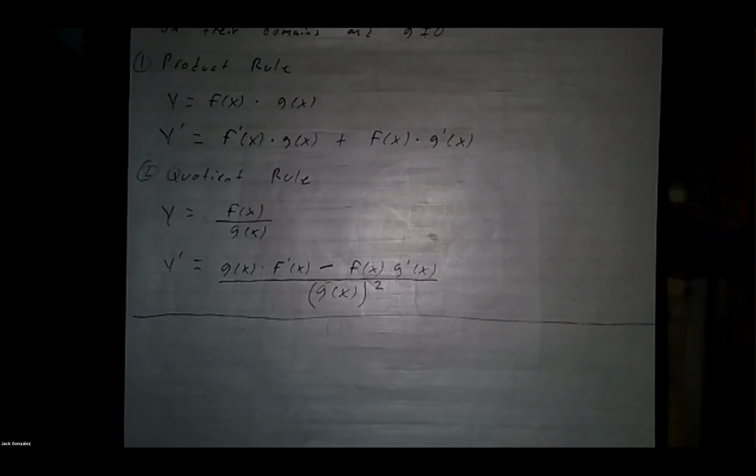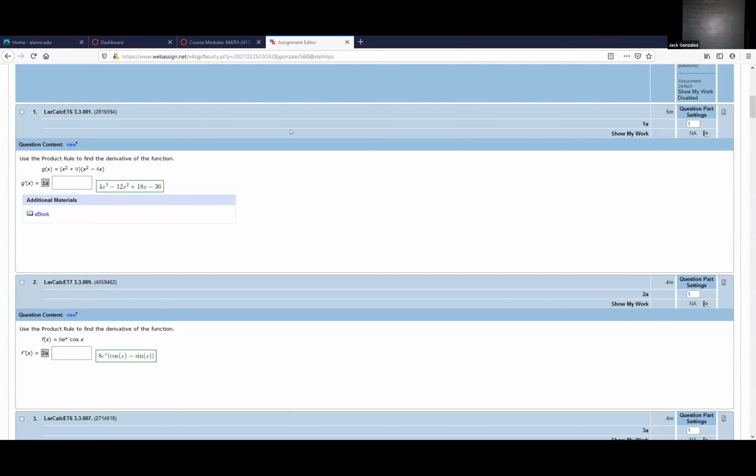Okay, let's go ahead and look at the homework examples. Some of them will start off pretty easy, meaning it looks like you don't really have to multiply. Can you guys see the screen?